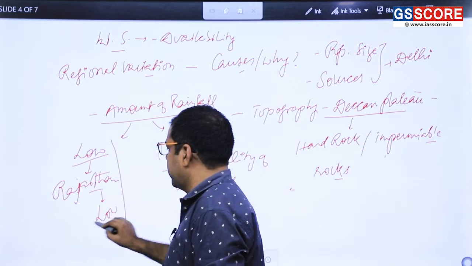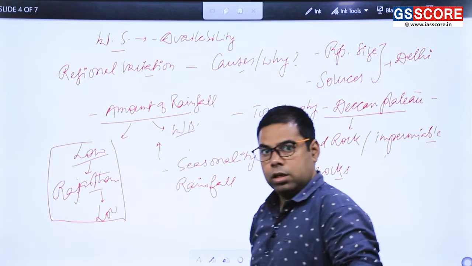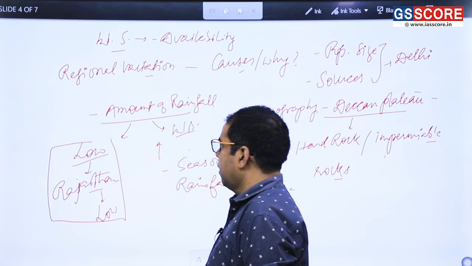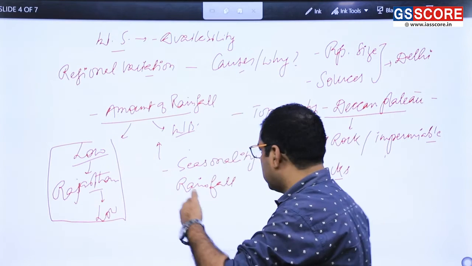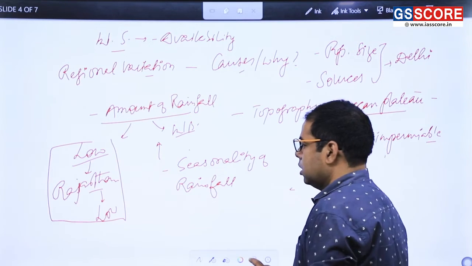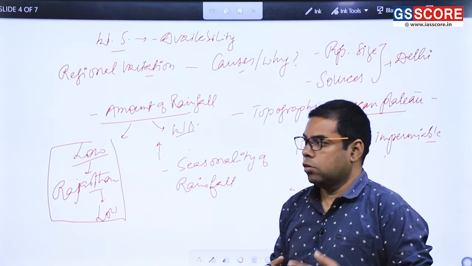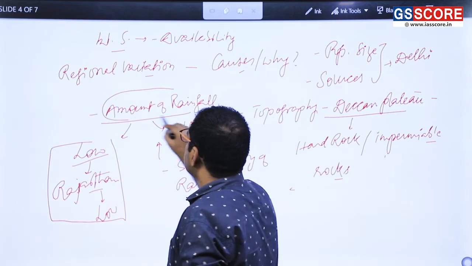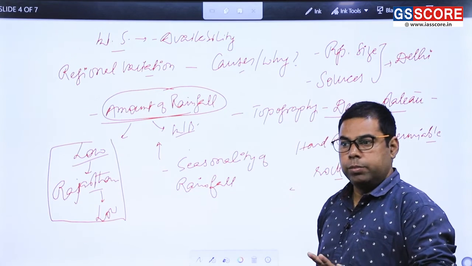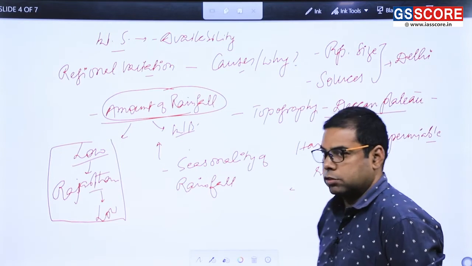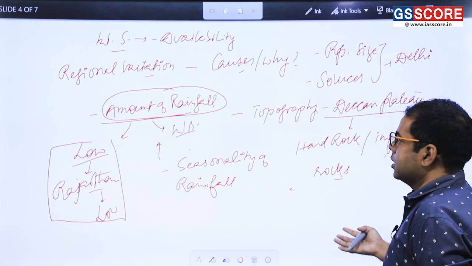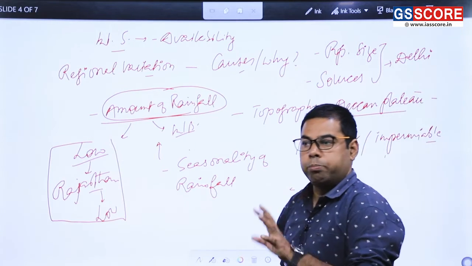The more we go to the west of India, the availability will be less. The more we go towards north, availability will be good. The more we go towards south, availability will be less. It means the level of stress will increase on the basis of the amount of rainfall. The more the rainfall, the more the availability of water, and the stress will be less, right? In this way you can write the answer, and also you can draw a map.